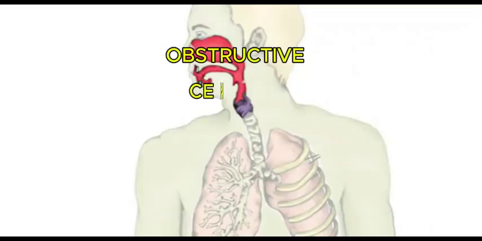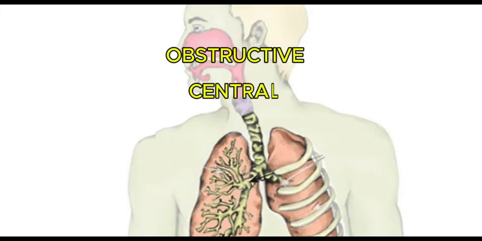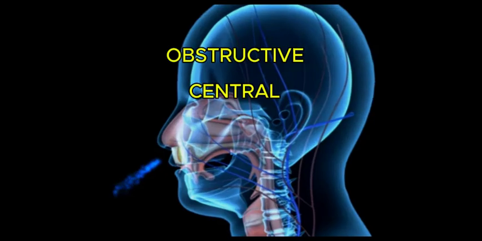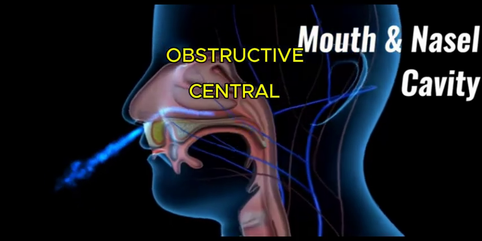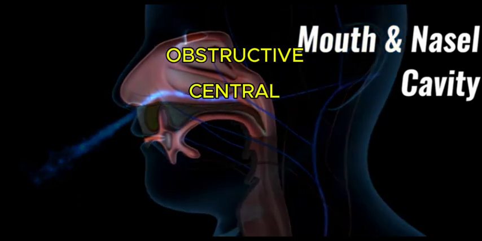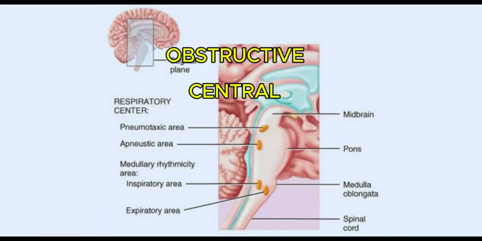Central, rare, in which the cessation or decrease in nasobuccal airflow is accompanied by the cessation or decrease in the activity of the ventilatory muscles due to the reduction in the activity of the respiratory centers. And mixed, in which the apnea-hypopnea is initially central and then obstructive.